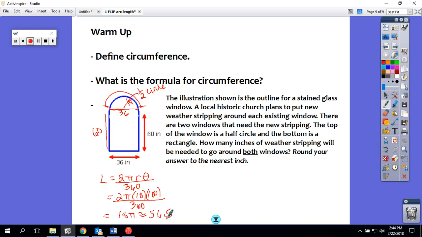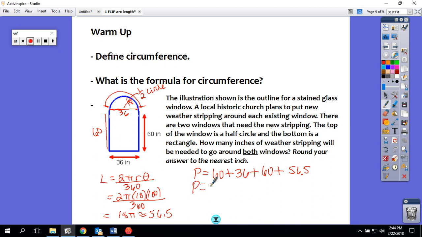Alright, now that's just for the curved part at the top. So all the way around the window, we have this 60 plus this 36 at the bottom, plus this 60 up the side, plus the curved part that we just found, which is 56.5.